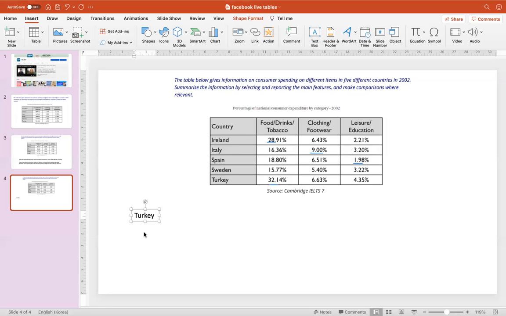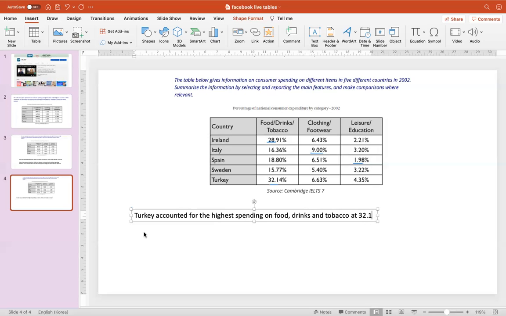So Turkey accounted for the highest spending on food, drinks, and tobacco at 32.14%. This was closely followed by Ireland.